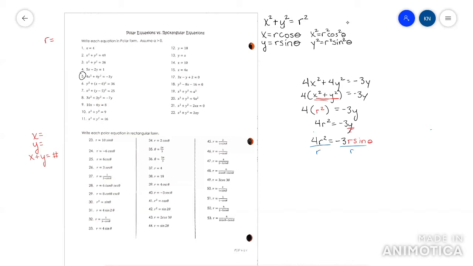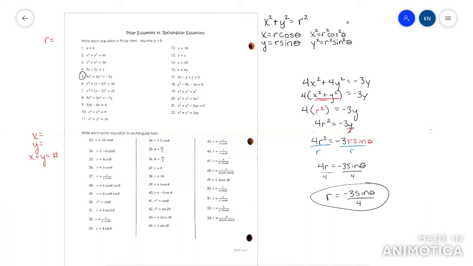Because what that's going to do is give me 4r equals negative 3 sine theta. And then to finish it, I would just divide by 4. So you get r equals negative 3 sine theta over 4. That was kind of a tricky one.